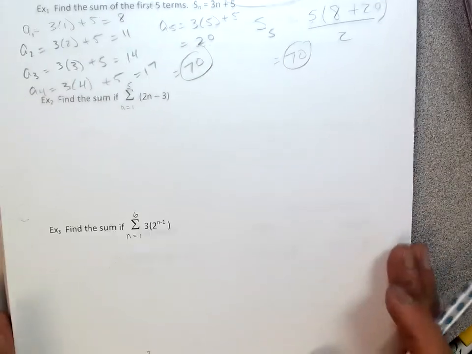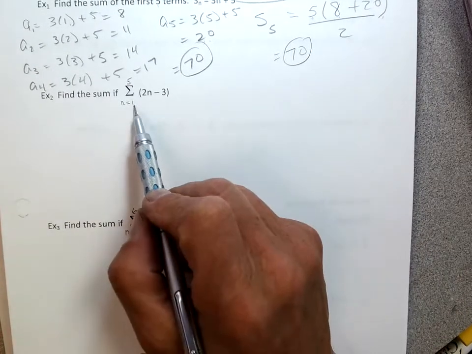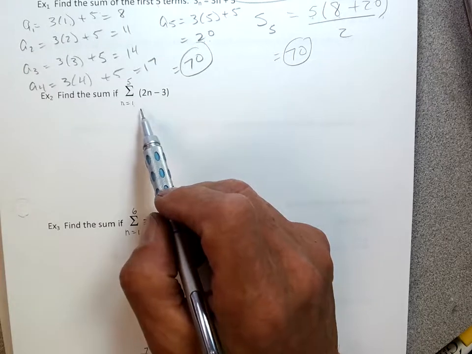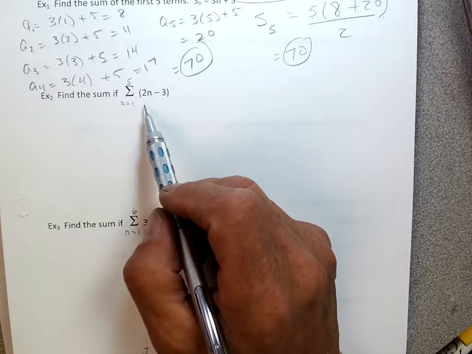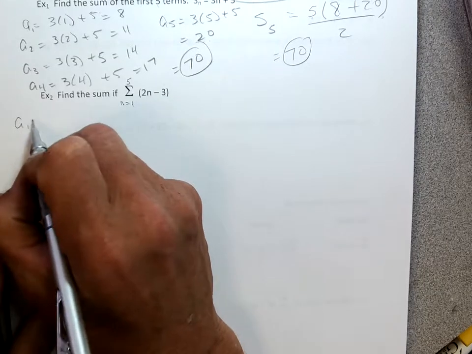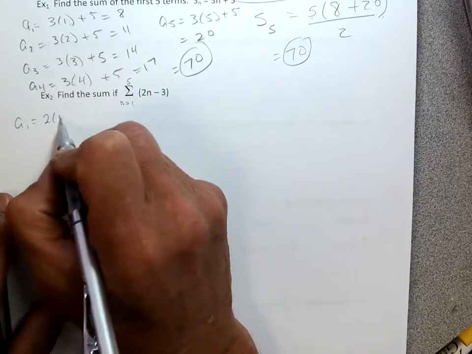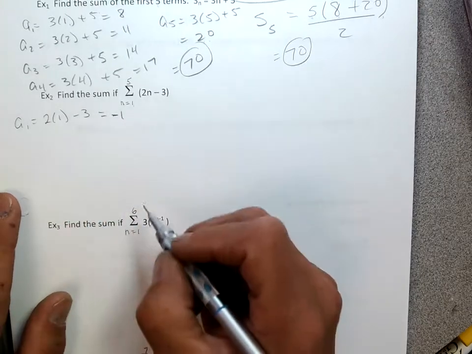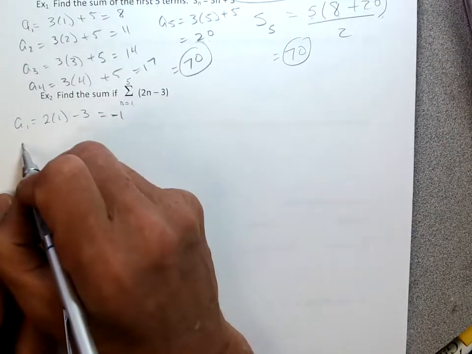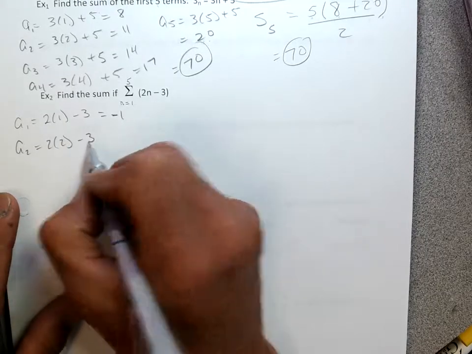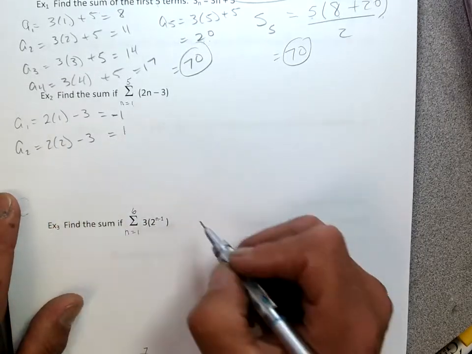Okay, number 2. This is a question. We're going to plug in 1, 2, 3, 4, 5. If I find A1, it's simply 2 times 1 minus 3, which gives me an answer of -1. A2 is 2 times 2 minus 3, which is +1.